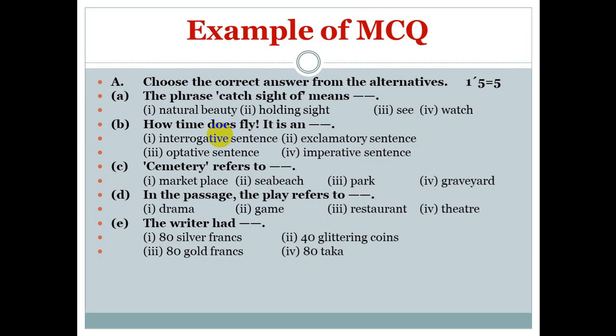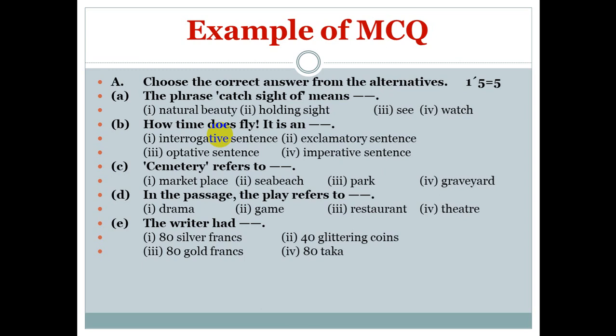So if we just look at, these multiple choice questions will be taken from given passages, and of course the passages will be taken from your textbook, that means the dedicated textbook prescribed by the National Curriculum and Textbook Board, that is NCTB.